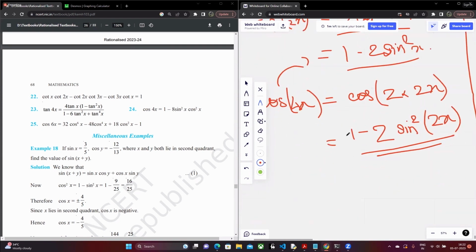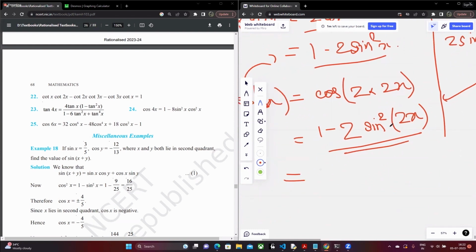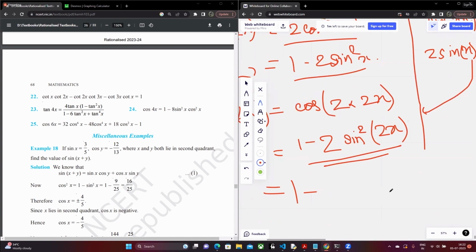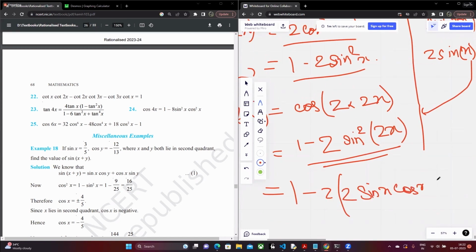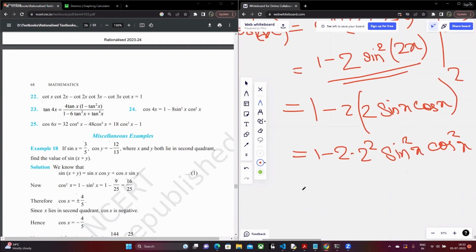So cos 4x is 1 minus 2 sine square 2x, which on applying this identity reduces down to 1 minus 2 into 2 sine x cos x the whole square, which is basically 1 minus 2 into 2 squared sine squared x cos squared x, which is basically 1 minus 8 sine square x cos square x.